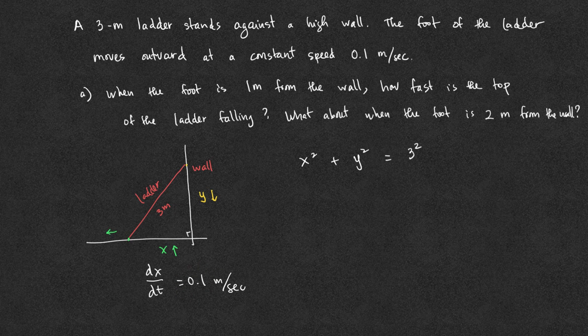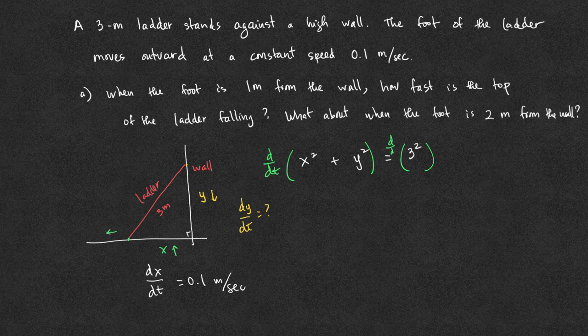We were asked to find the rate at which the top of the ladder is falling, and so this is dy/dt that we're looking for. By looking at this equation, we need to introduce dx/dt and dy/dt. To do that, we simply differentiate both sides implicitly with respect to t.